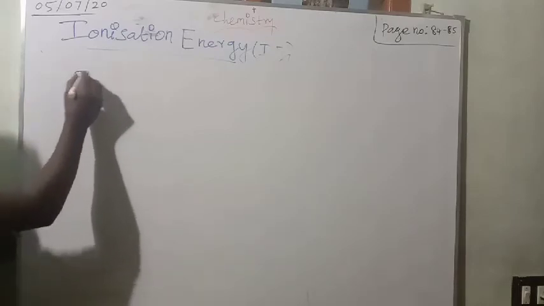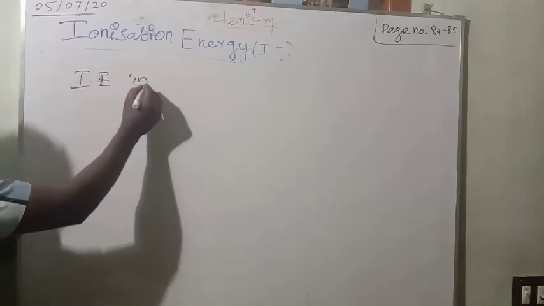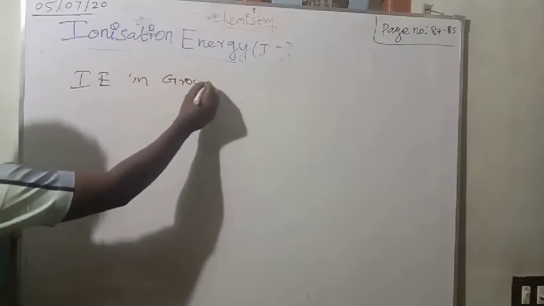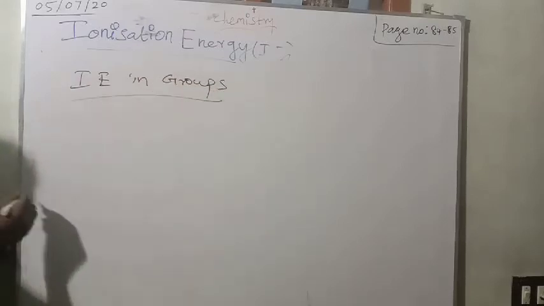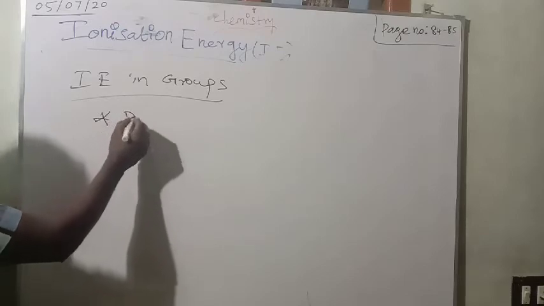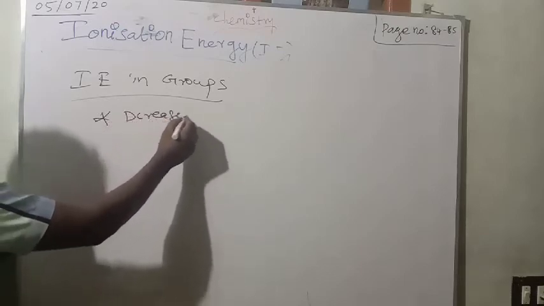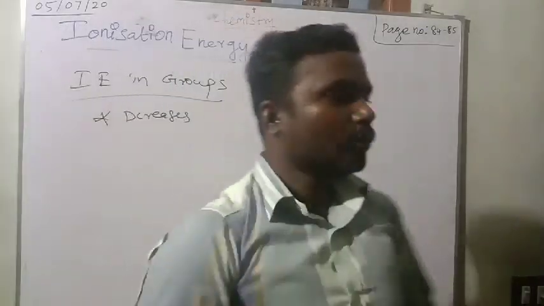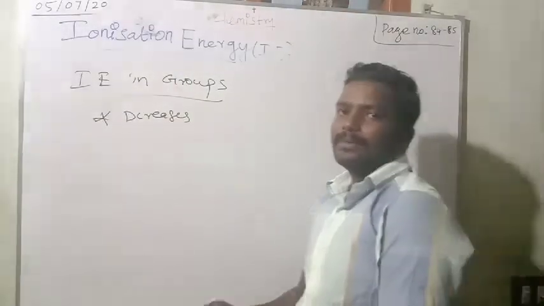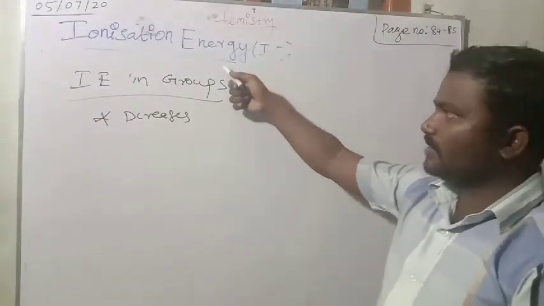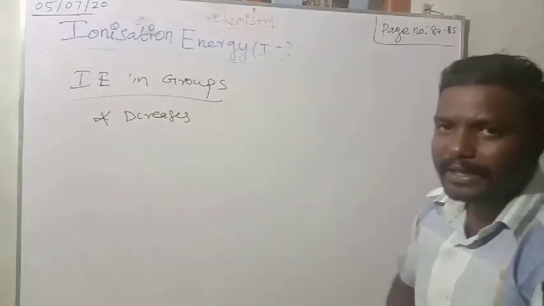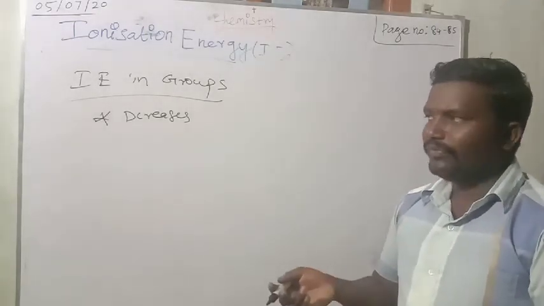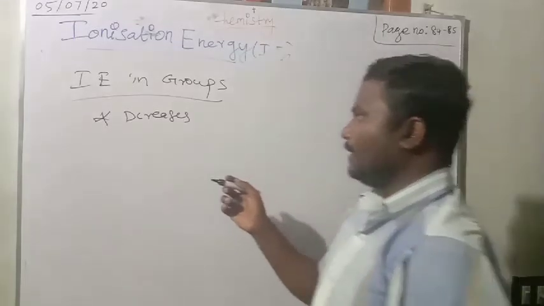Group wise, ionization energy in a group, what will happen? Decreases. Ionization energy in a group decreases. Group means vertical columns, top to bottom, ionization energy decreases. Why does it decrease? We know very well. What's the reason?